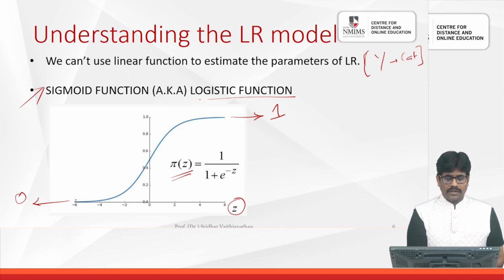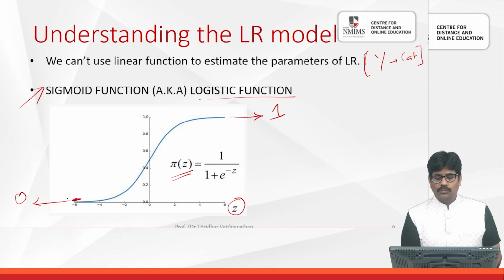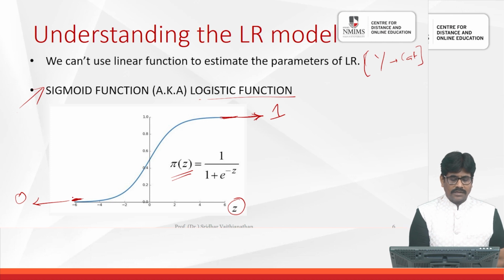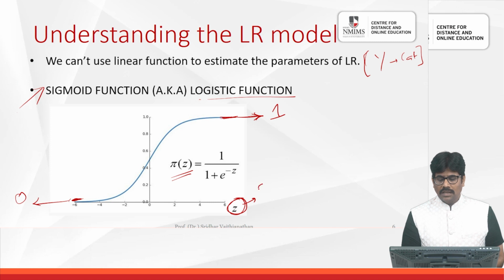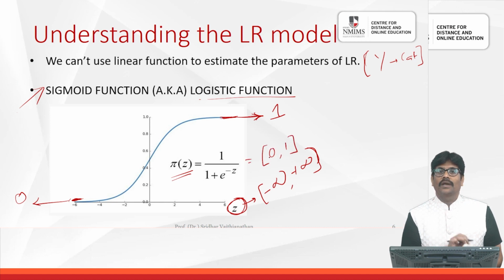If you look at the tail part of it, it never goes below 0, and the top part of it never goes beyond 1. So at 1 it gets attenuated, and at 0 it gets attenuated, for various values of z. Essentially values of z can be from minus infinity to plus infinity, whereas the pi of z value will always remain between 0 and 1.